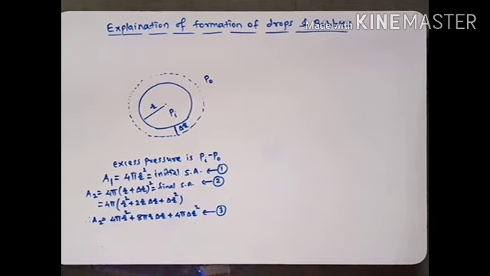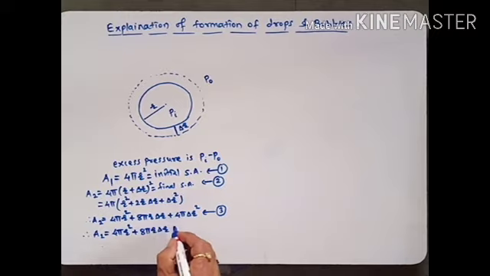As delta r is small, delta r square is also small and we can neglect it, and therefore we write simply A2 is equal to 4 pi r square plus 8 pi r delta r. Suppose this is equation number 4, because we neglect this term.